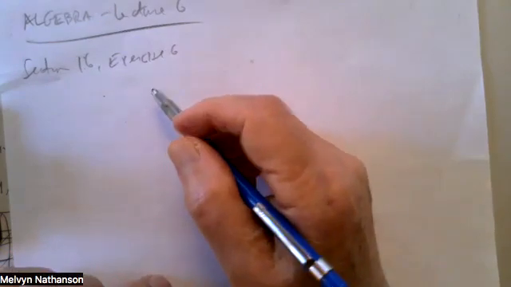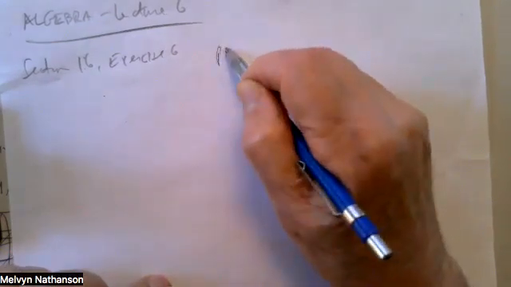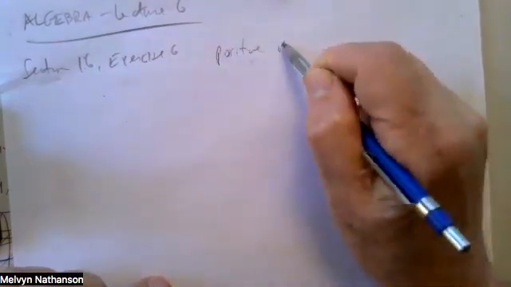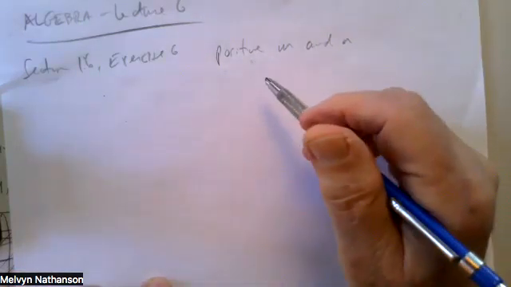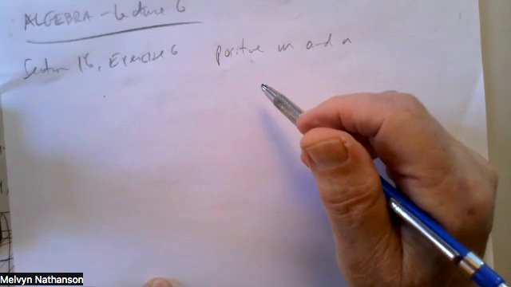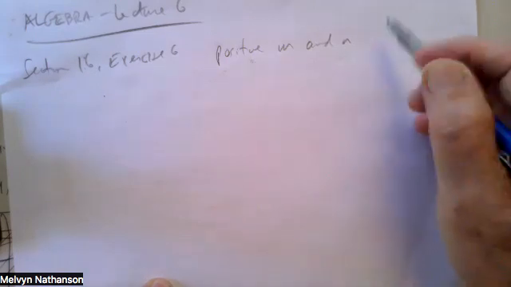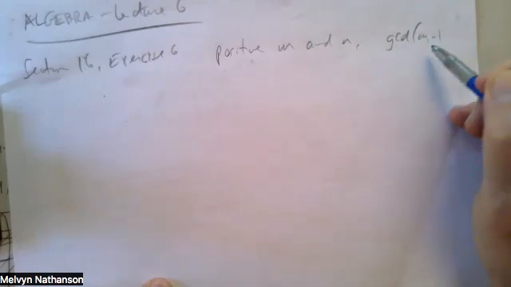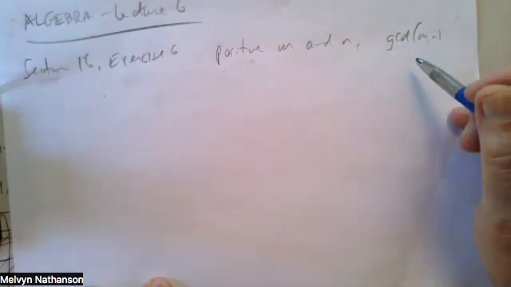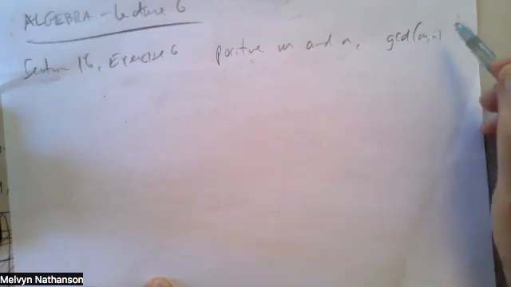So we have positive integers, m and n, and the GCD, greatest common divisor of m and n, is, let's call it d.